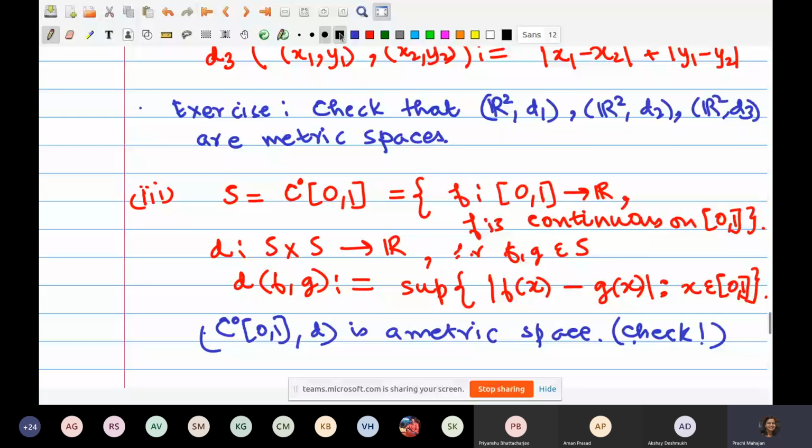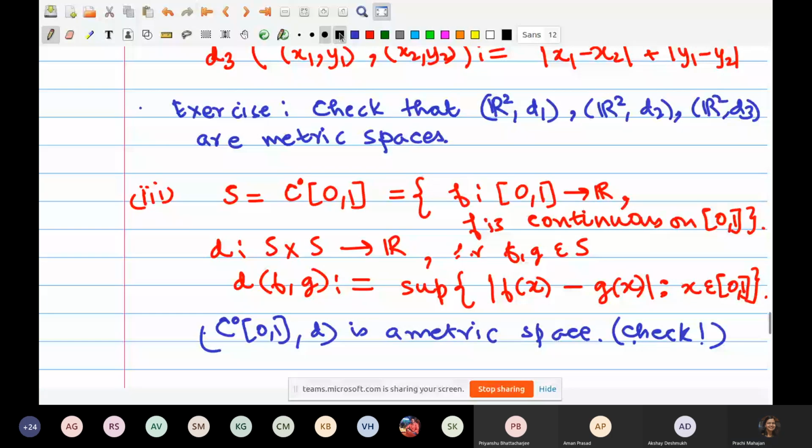For the most part of this course, we will work with only the real numbers in the Euclidean setting, but it is to your benefit to get acquainted with the concept of metric spaces so that you have some idea of what the world is like outside. Is this okay?